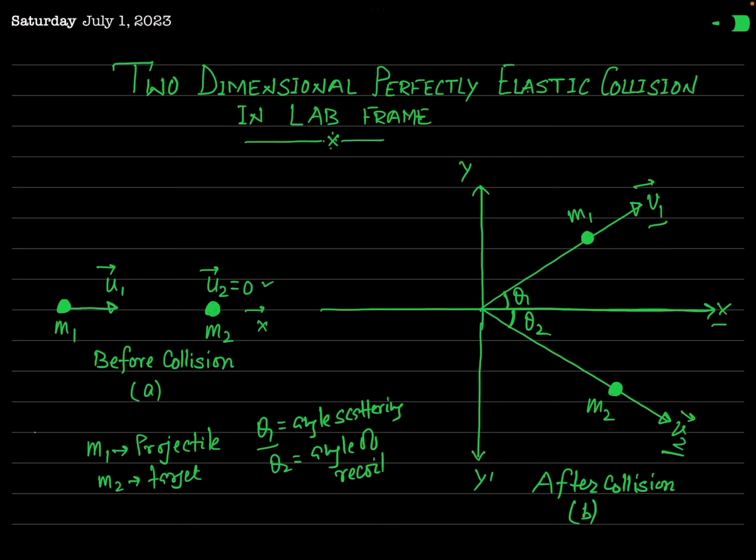The prime aim of this problem is to find the final velocities v1 and v2. It means that if you know the initial velocity u1, you can find the final velocities v1 and v2.